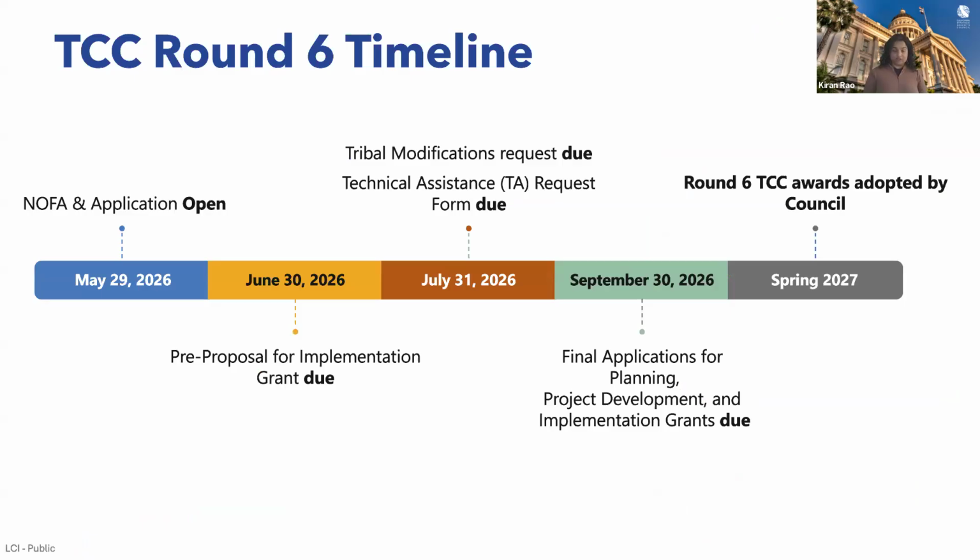On July 31st, 2026, 2 items are due, including the tribal modifications requests and technical assistance request forms. Final applications for all grant types are due on September 30th, 2026. Following the application review and evaluation process, Round 6 TCC awards are anticipated to be adopted by the Strategic Growth Council in spring 2027.